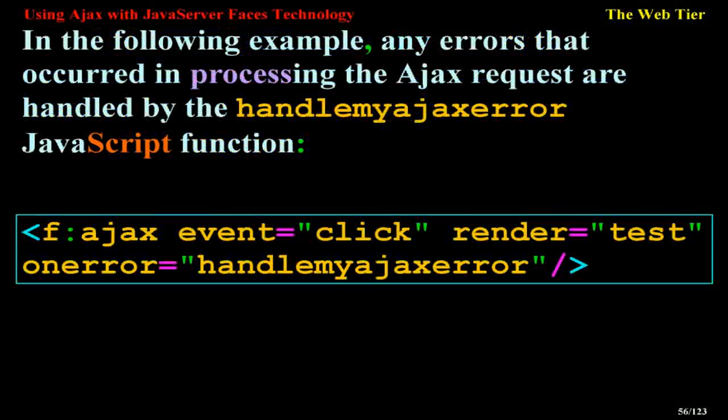In the following example, any errors that occurred in processing the Ajax request are handled by the handling_Ajax JavaScript function. f:ajax event equal click render equal test onerror equal handling_Ajax.